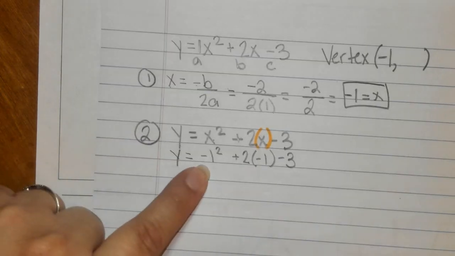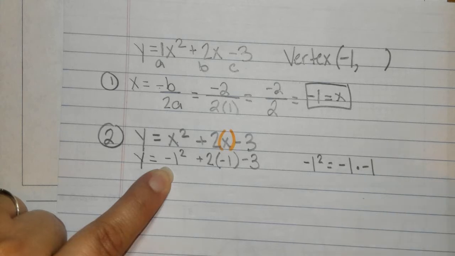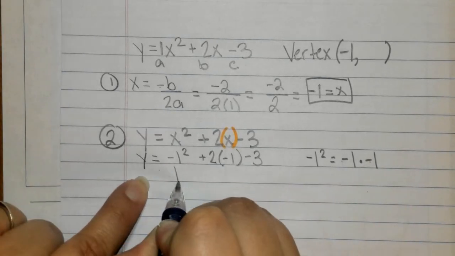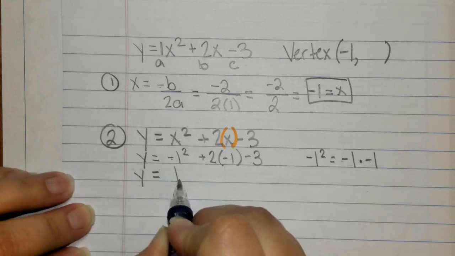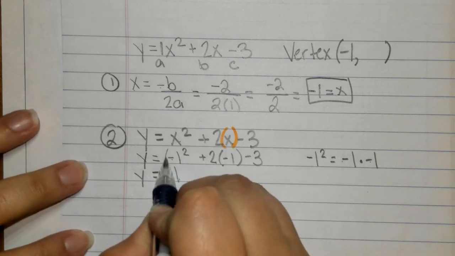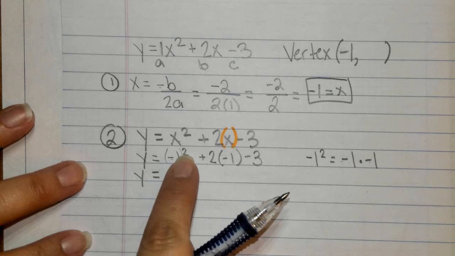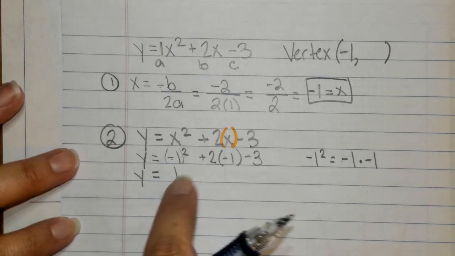Now this right here means -1 times -1. So a negative times a negative would be a +1. So -1 squared is 1. The calculator will tell you it's -1. That is incorrect. You have to put parentheses around that -1 in the calculator and then hit the 2 button for squaring it. But it is a +1.